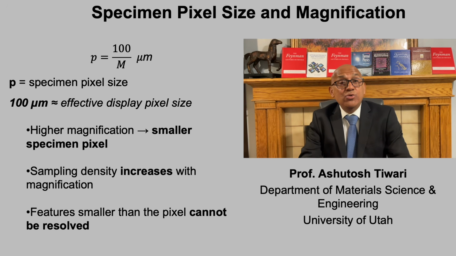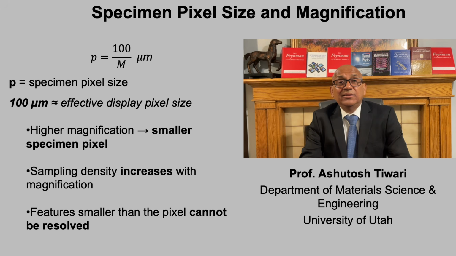It is important to note that this pixel is not a real feature of the material, but a sampling unit imposed by the microscope. If we assume a typical display size of about 100 microns per pixel across the screen, the specimen pixel size scales inversely with the magnification, leading to this simple relationship.